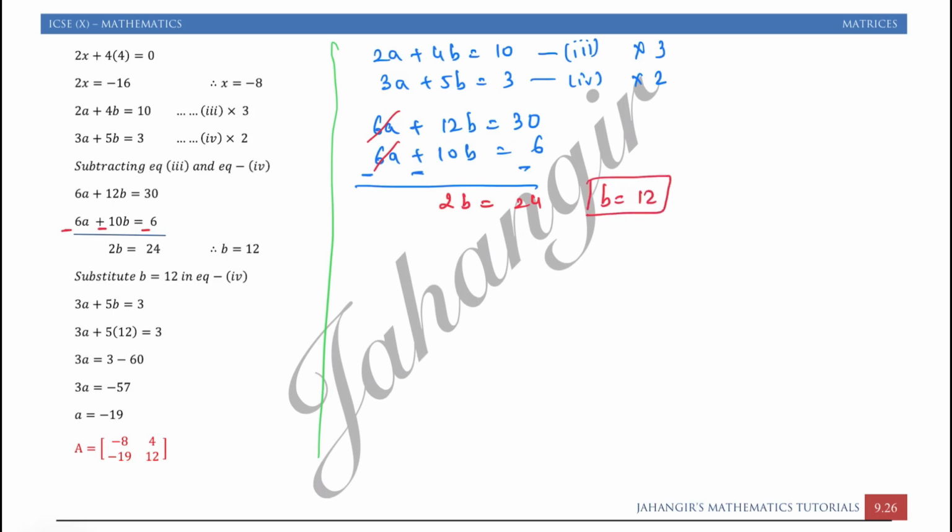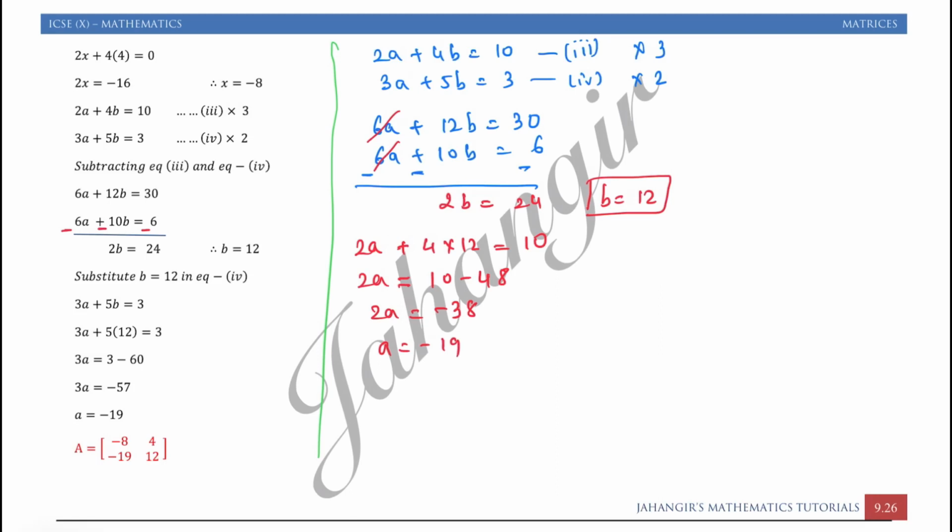Now substituting b in any equation, 2a plus 4 into 12 is equal to 10. 2a is equal to 10 minus 48. 2a is equal to minus 38. a is equal to minus 19.